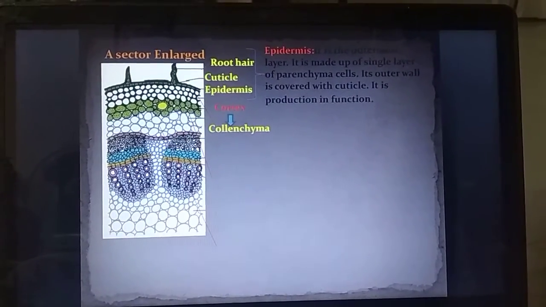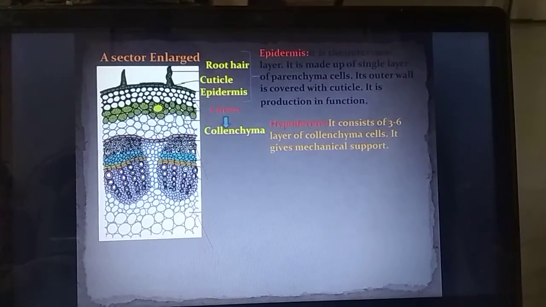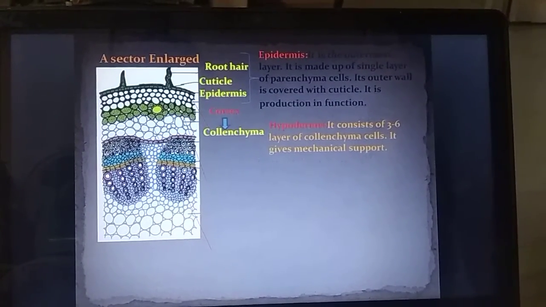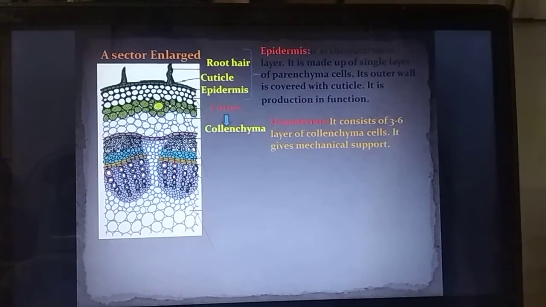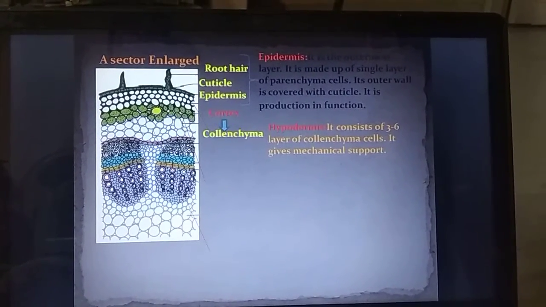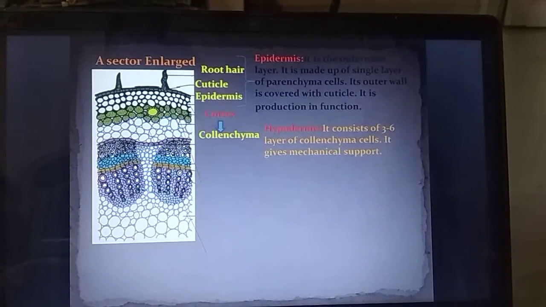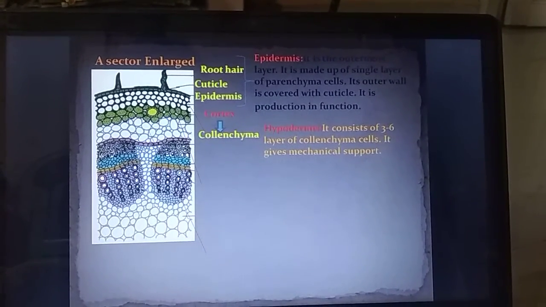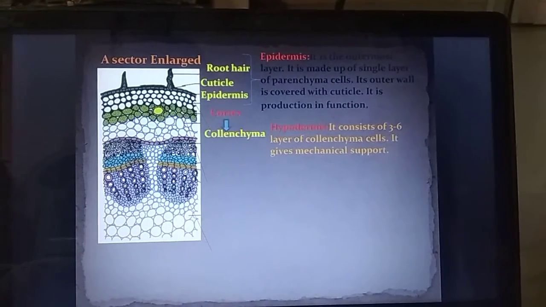Next part, cortex. Cortex is made up of collenchyma cells. That is hypodermis. It consists of 3 to 6 layers of collenchyma cells. It gives mechanical support.